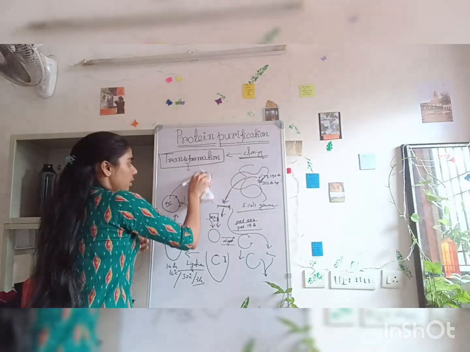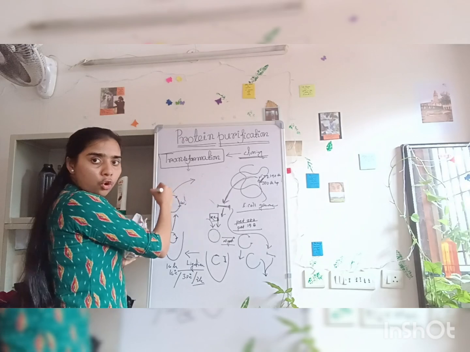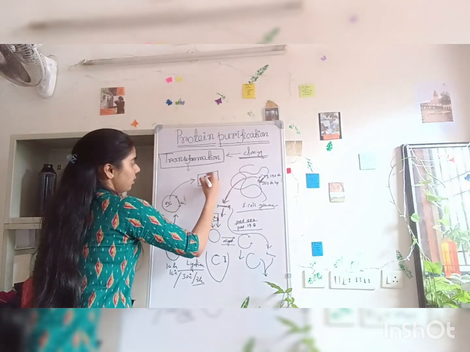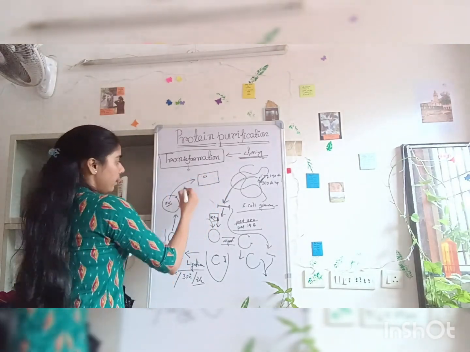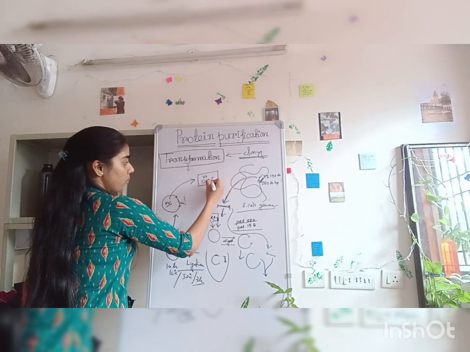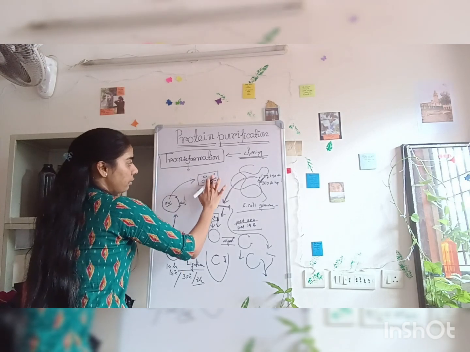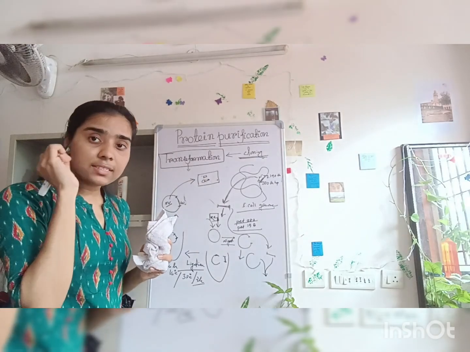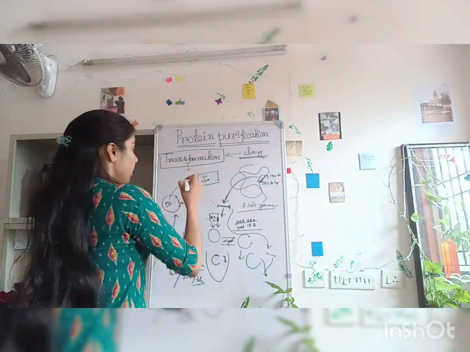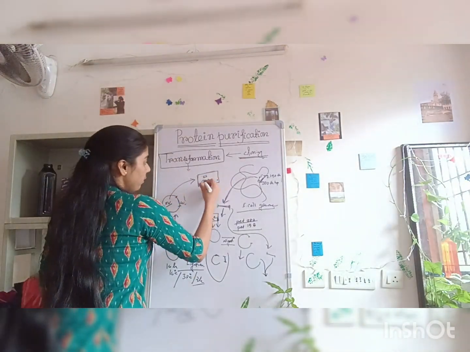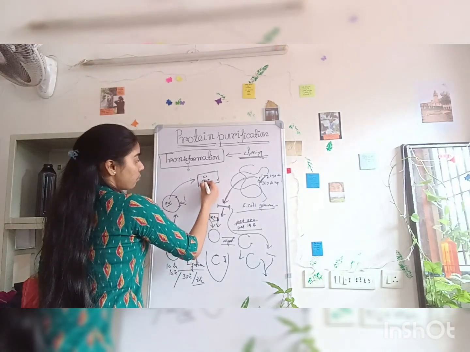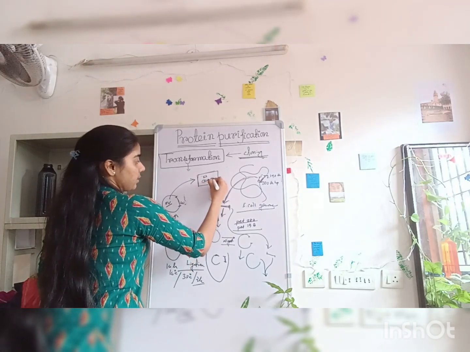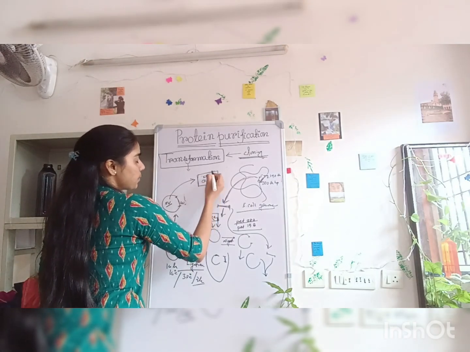But if we put this clone in an expression strain, it will not multiply into multiple such vectors. It will express the protein from the gene we have inserted in that clone. Let's say it's a proline isomerase, and it will express this protein.